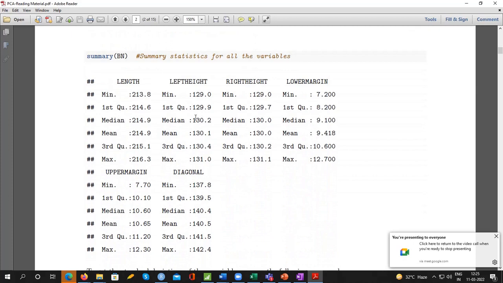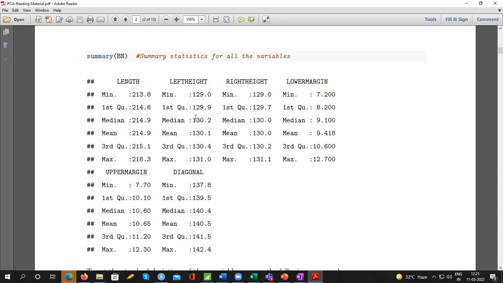We compute summary statistics. We can see that length is of course larger than height, and lower margins and upper margins are comparatively very small, because lower margin and upper margin is the distance between the edge of the note and the printed area, so it is a very small part.